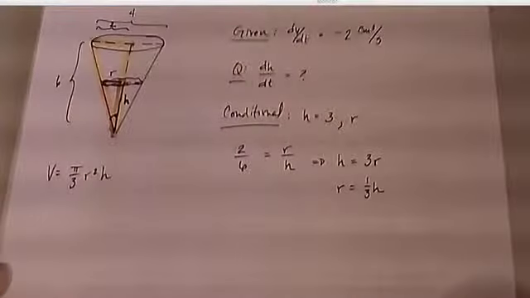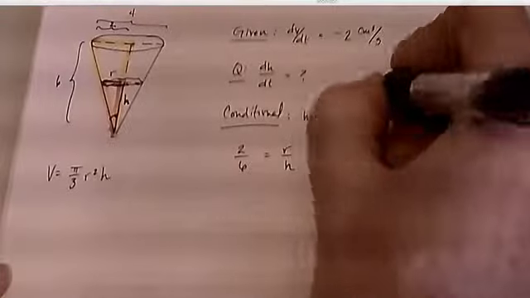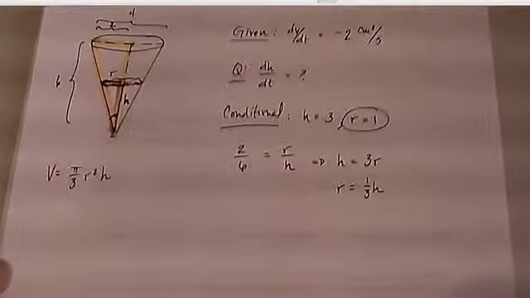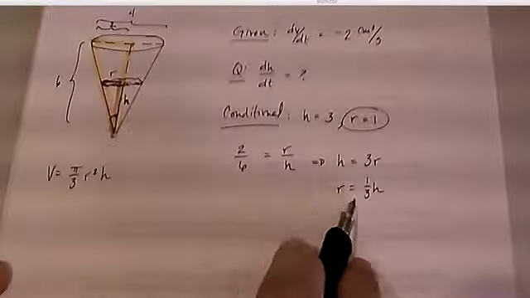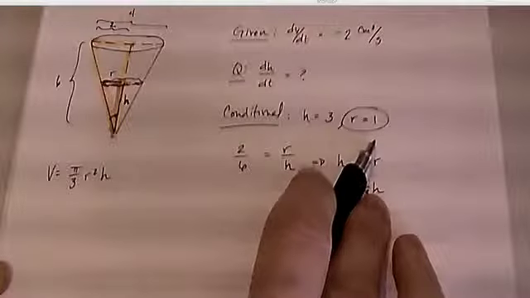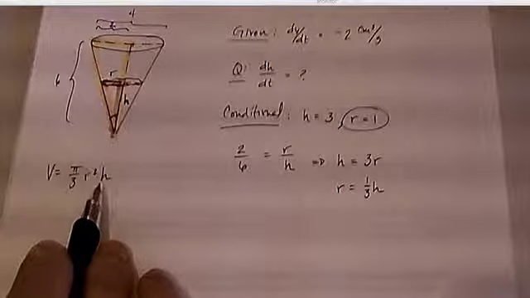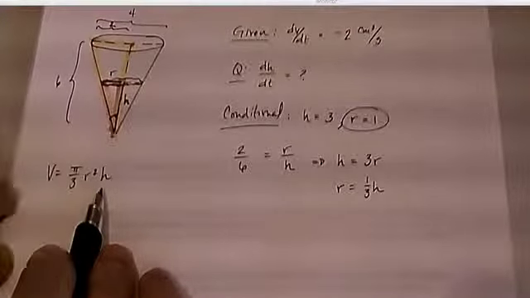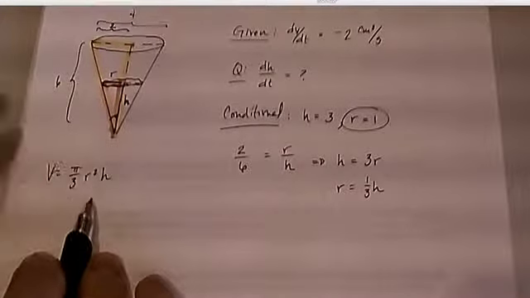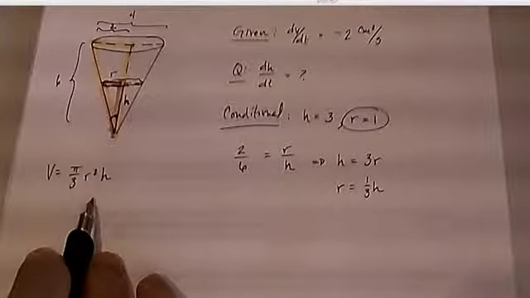When h is equal to 3, r is equal to 1. Implied conditional, right there. But not only can I use this similarity between the sides to get an implied conditional, I can actually use it to plug in to here and arrive at an equation in terms of a single variable.